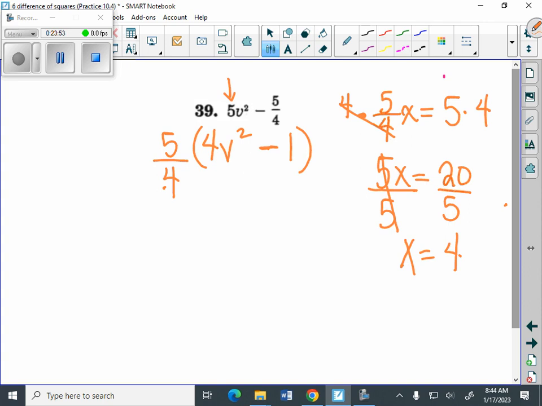And then, can we factor the difference between two squares? Well, 4 is 2 times 2. V squared is v times v. 1 is 1 times 1. Difference between two squares, different signs.